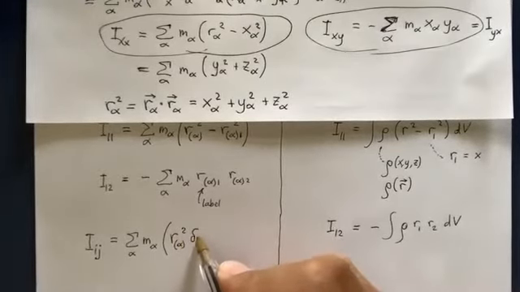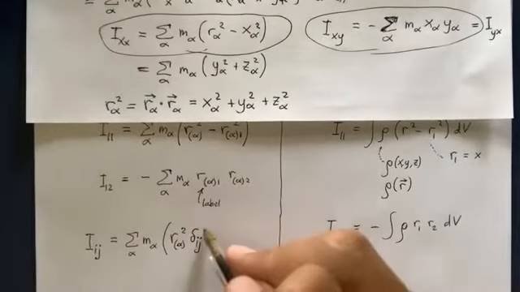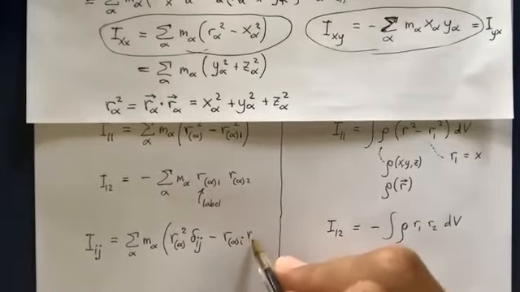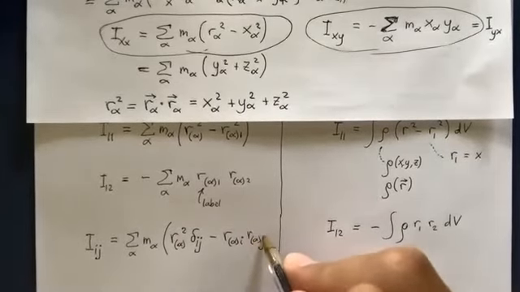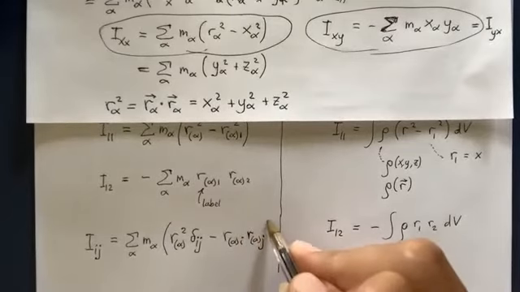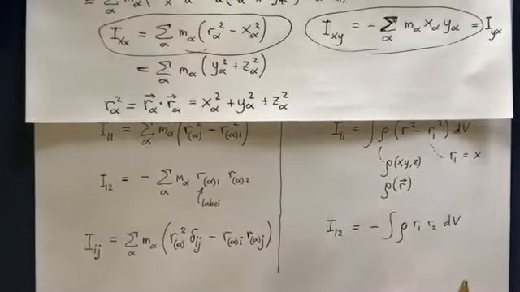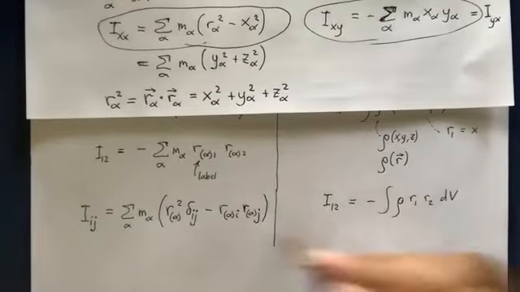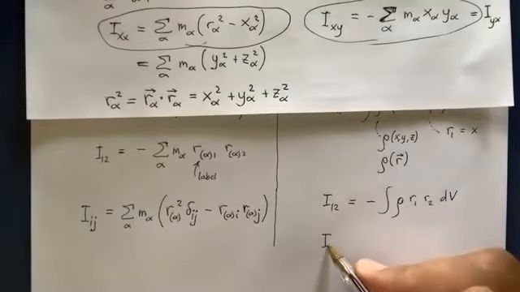We have the Kronecker delta IJ symbol. Again, Physics 89, we'll talk about it in just a second. And then the R alpha I, R alpha J. Okay, that's nice. Let's compare that with the general formula over here. And we'll talk about this Kronecker delta more in just a second.